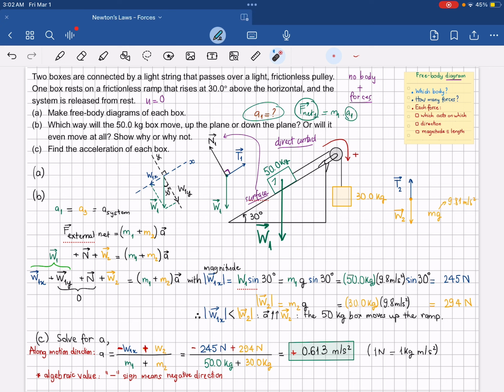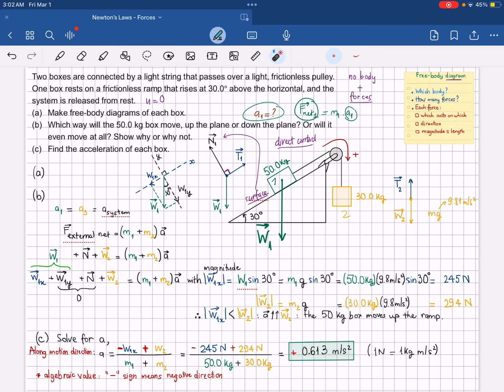So instead of looking at mass 1 by itself, we can look at the whole system: mass 1 including the rope and this mass 2, let's label it as mass 2. So we can include everything in one system, and then treat it as one.